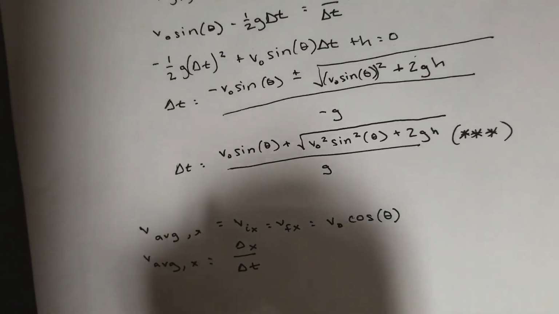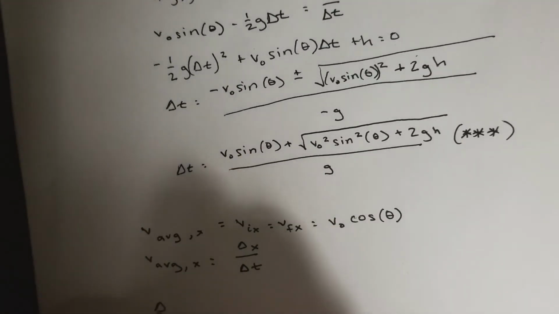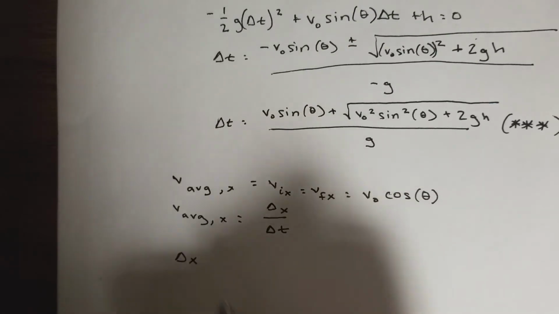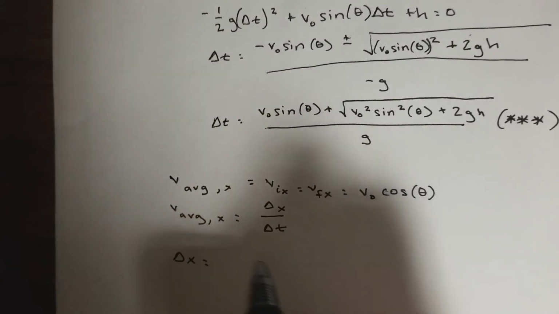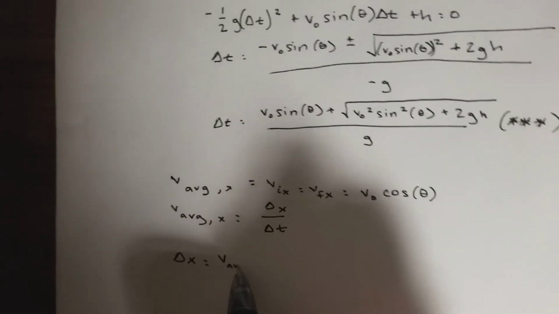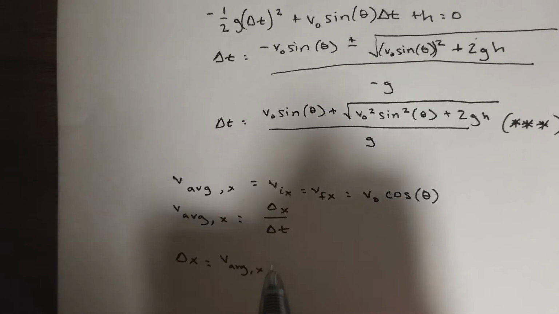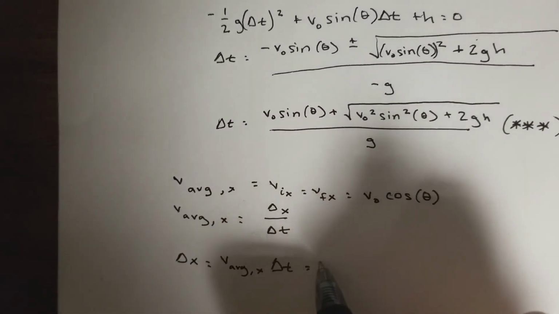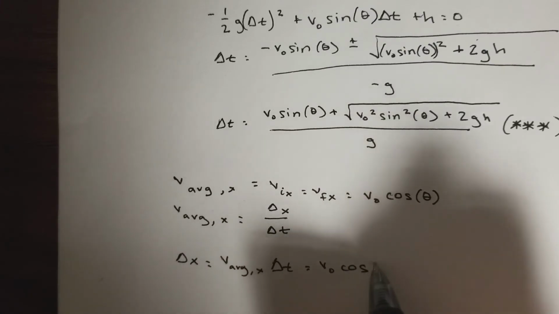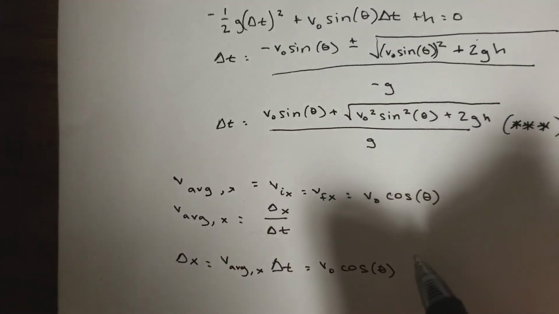And from there we can say delta x is equal to v average in the x direction times delta t, which is equal to v naught cosine of theta times delta t.